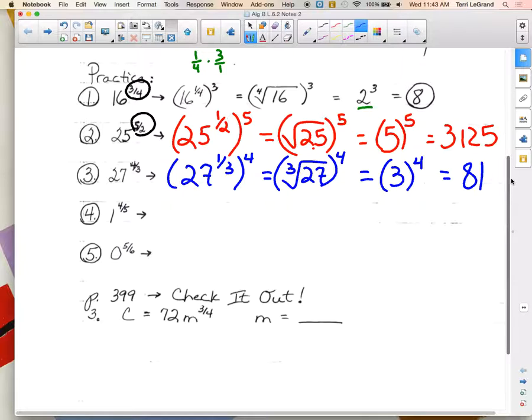Abby, are you changing your mind? What do you want to change it to? Yeah, 16 and 16 to the 2nd. So it should be somewhere between 16 and 256. Because what? Because it's getting smaller.